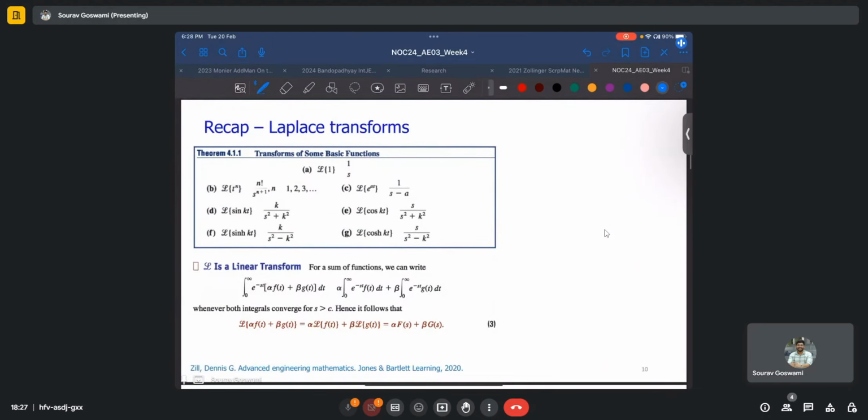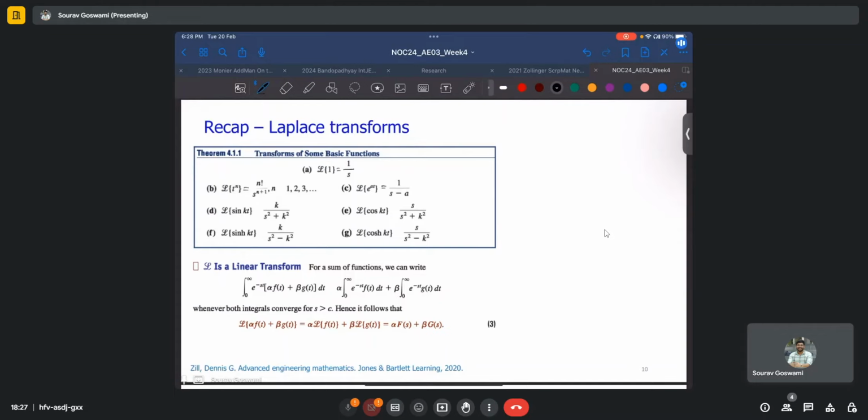I have also compiled the formulae for the Laplace transforms of some elementary functions. It appears the equals sign is missing here, but just in case: the Laplace transform of 1 is 1 by s. For t power n, it is n factorial by s power n plus 1.